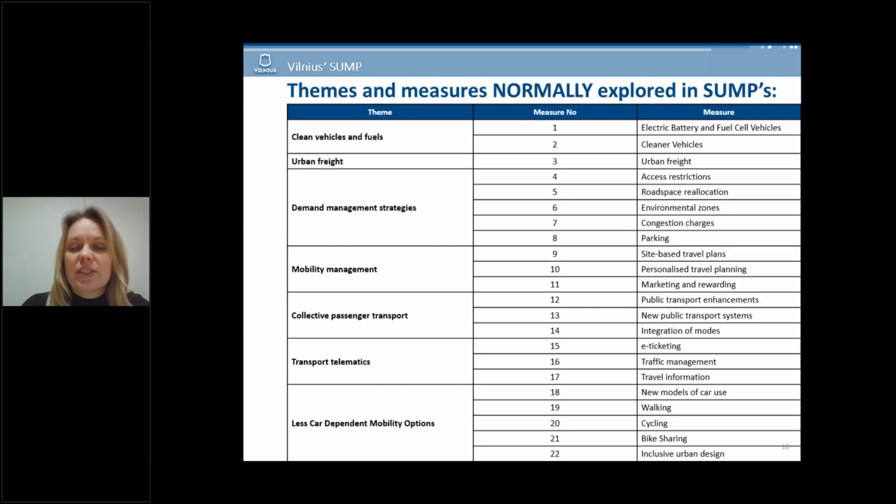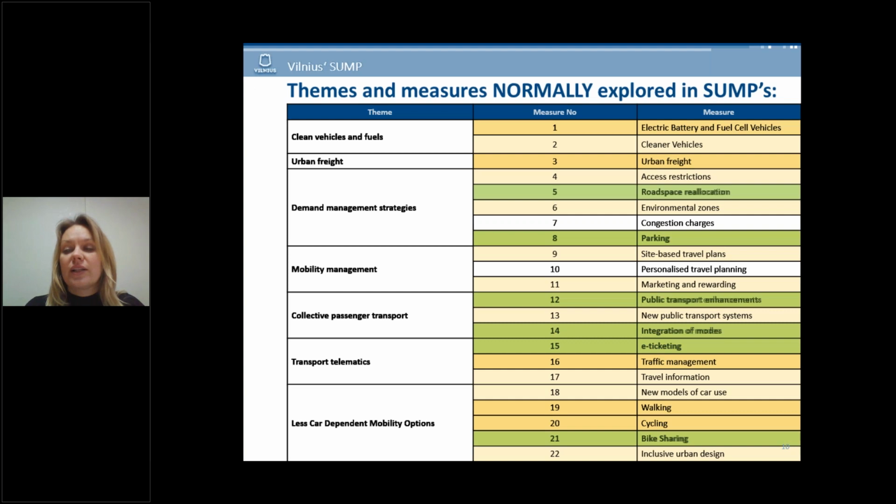And if you see the full list of the most popular mobility management strategies and measures, in Lithuania only those brown ones were really covered, while I think some other colors are much more important.